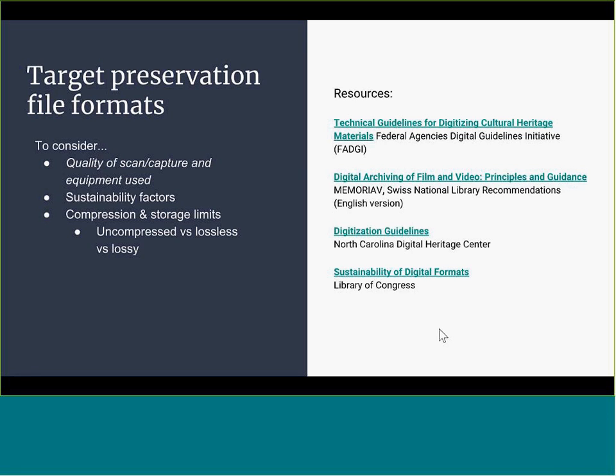So, you have the option of uncompressed, which basically means you're not using any sort of techniques to put more bits into smaller files. You have the option of lossless, which means that you are using some compression method, but you're able to, if need be, uncompress the file and you haven't lost any bits, which is different than lossy, which means that you are compressing a file and you're losing bits in the process.